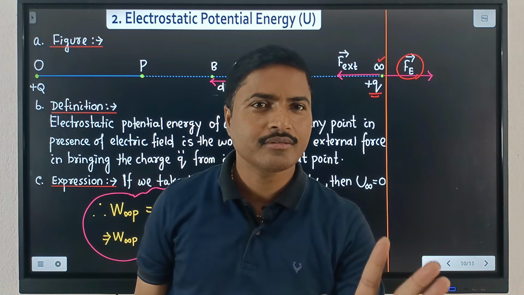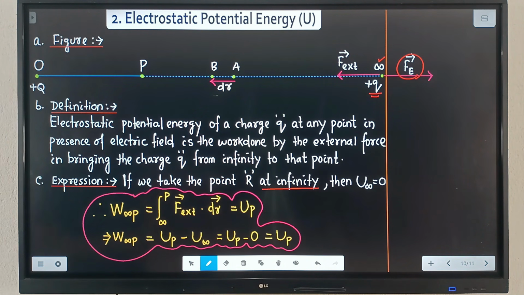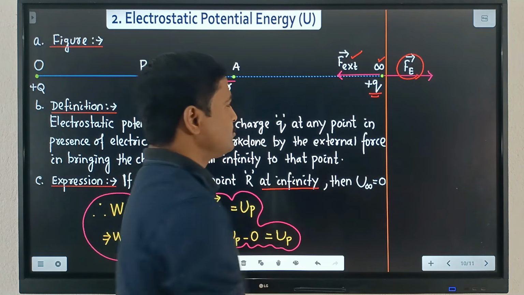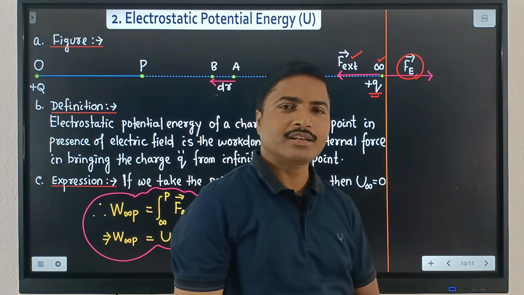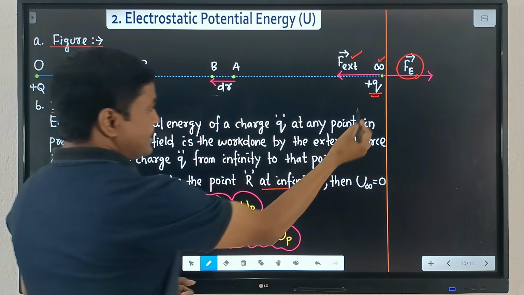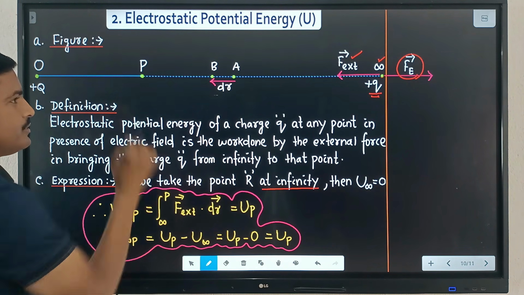Then we apply an external force. Its magnitude is approximately the same as the electrostatic force, so that the test charge now starts to move from infinity up to point P.